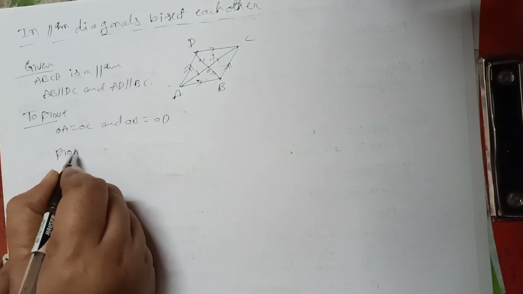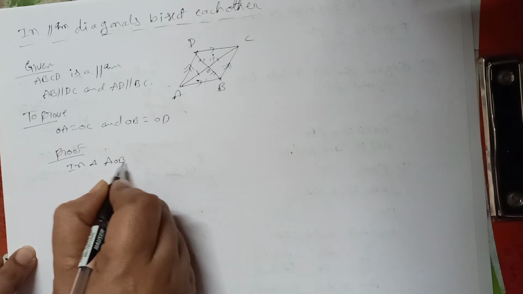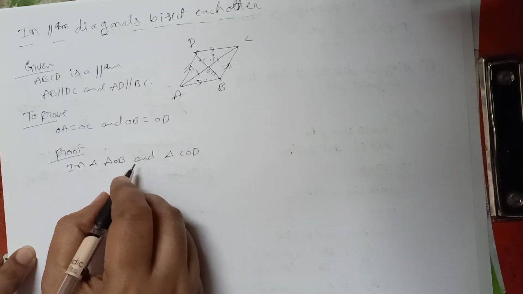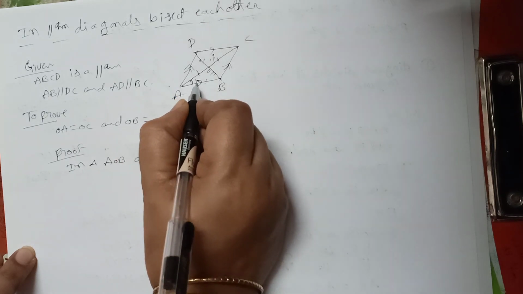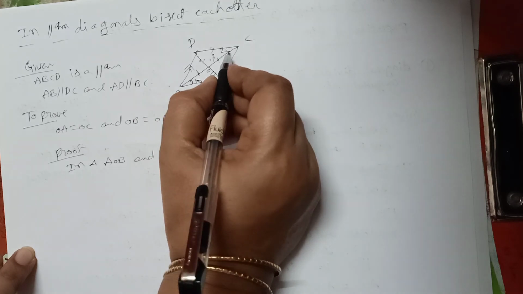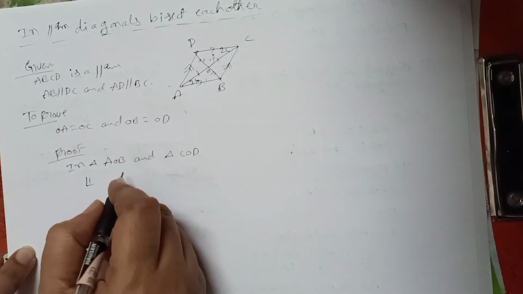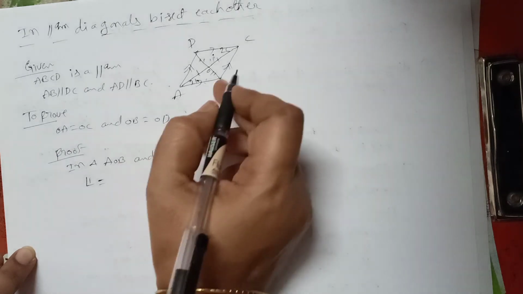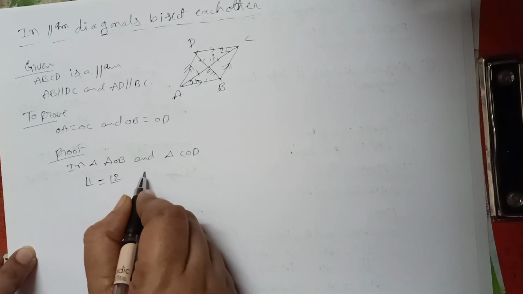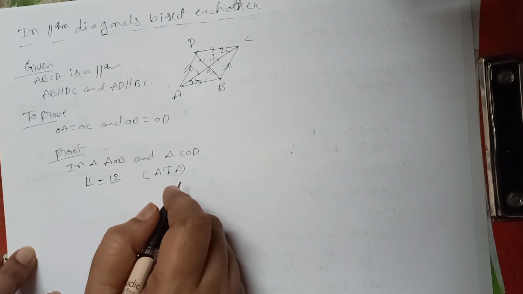See the proof. In triangle AOB and triangle COD, this is angle 1, this is angle 2. Angle 1 equal to angle 2. What is the reason? Alternate interior angles. Angle 1 is angle in triangle AOB. Angle 2 is angle in triangle COD. Angle 1 is equal to angle 2, alternate interior angles.